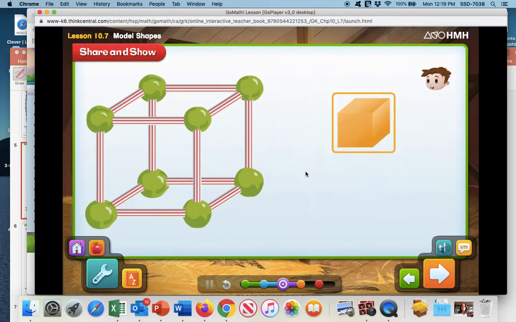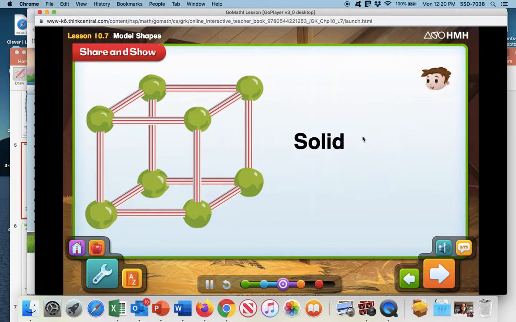A cube or a cylinder? Choose your answer. Thumbs up if you think cube, thumbs down if you think cylinder. If you chose the top one, that is correct. Tim modeled a cube. Is a cube flat or solid? Thumbs up flat, thumbs down solid.